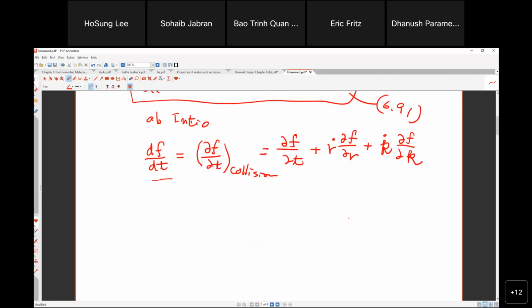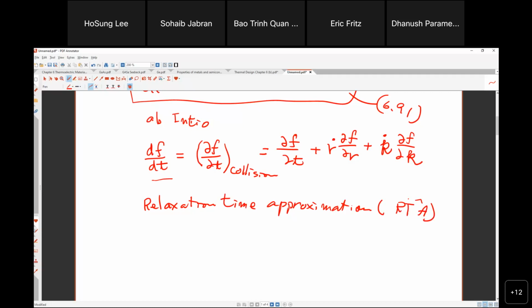Again, according to the relaxation time approximation. You can look at the book, RTA. RTA.